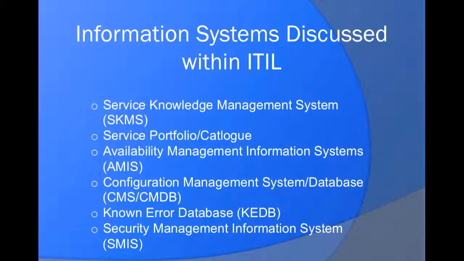The fourth is Configuration Management System Database, also known as CMS-CMDB. The fifth is Known Error Database, KEDB. And the final system within the ITIL lifecycle is Security Management Information Systems, also known as SMIS.